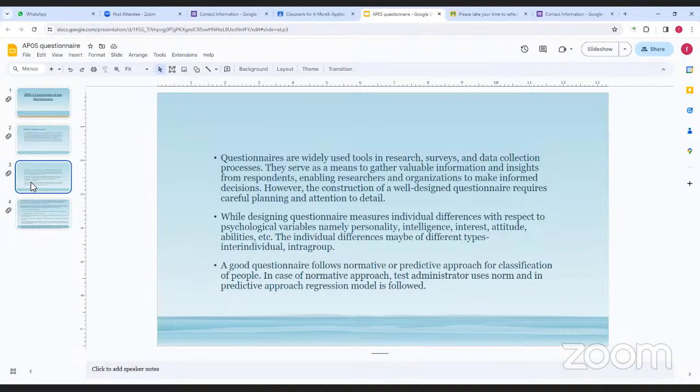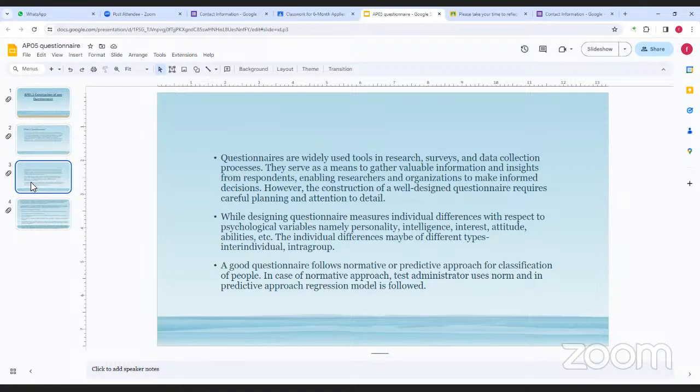Questionnaires are widely used tools in research, surveys, and data collection processes. They serve as a means to gather valuable information and insights from respondents, enabling researchers and organizations to make informed decisions. However, the construction of a well-designed questionnaire requires careful planning and attention to detail.